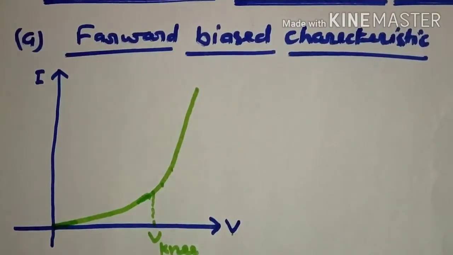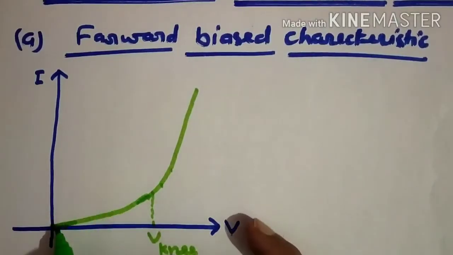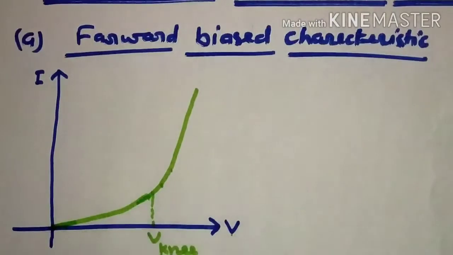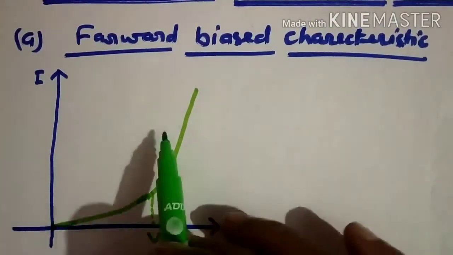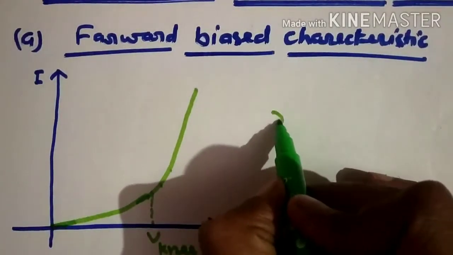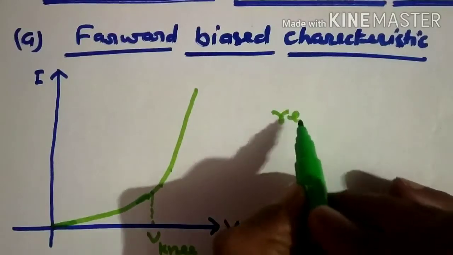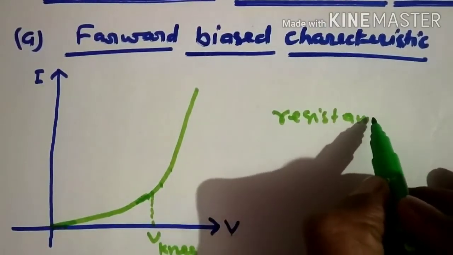Also we know that when we study the IV characteristic, we can calculate the resistance as well. Here you see the slope of this graph of IV characteristic is not straight, is not uniform. That is, the resistance of the diode is not constant.